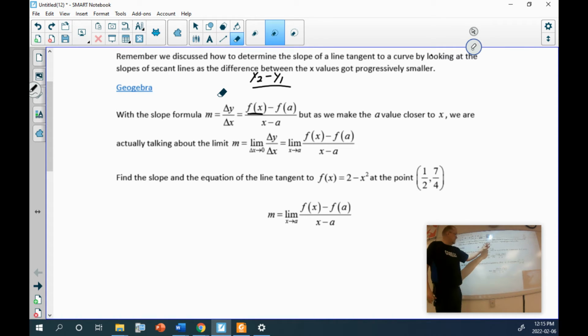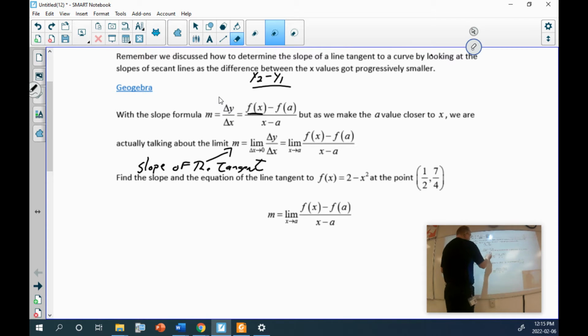So we've replaced y2 minus y1 with our function notation for the same thing as we make the value a closer to x. So what's happening with the x minus a becomes 0.